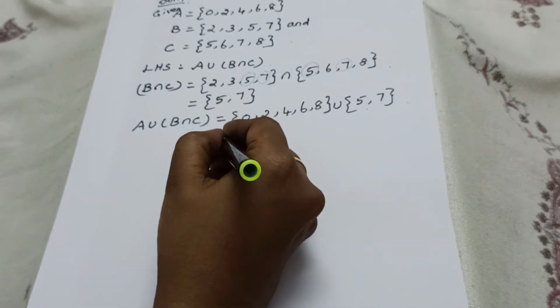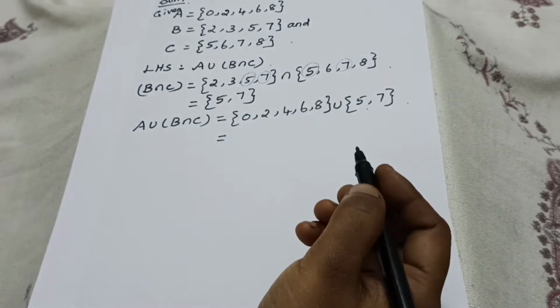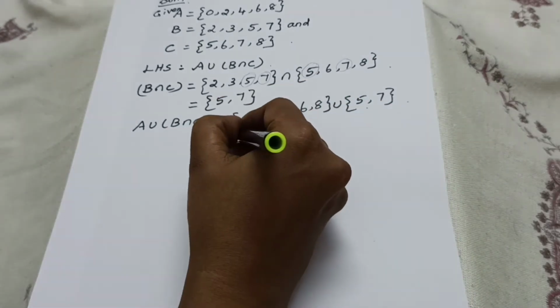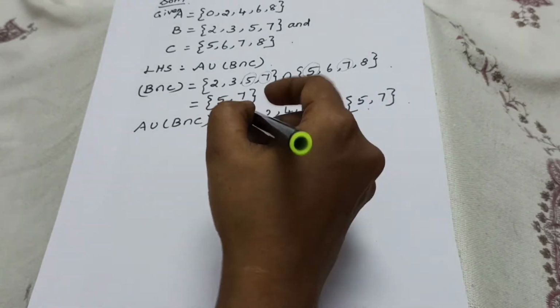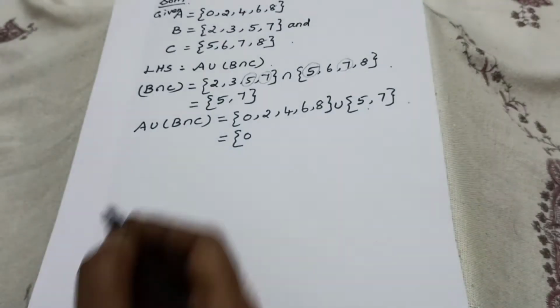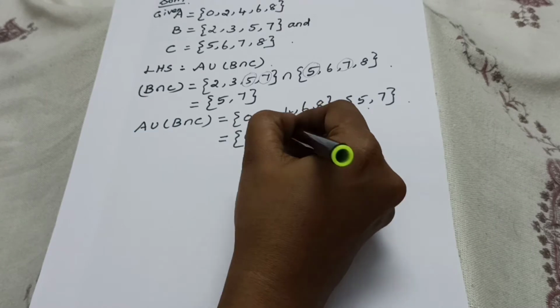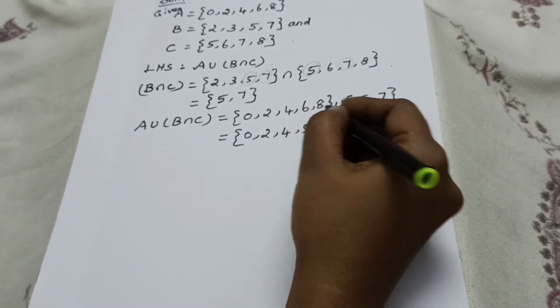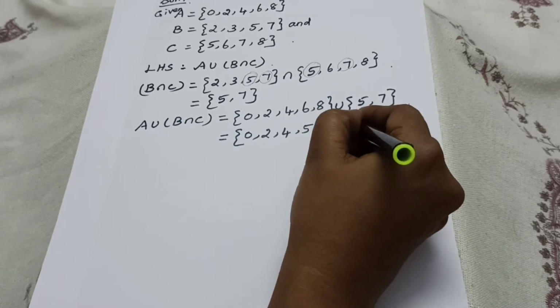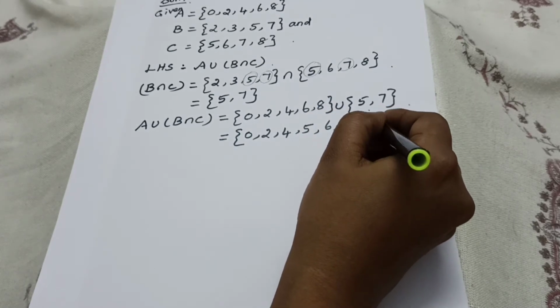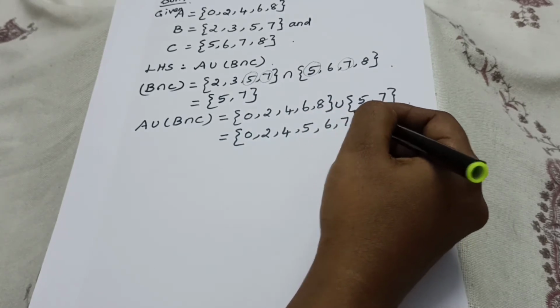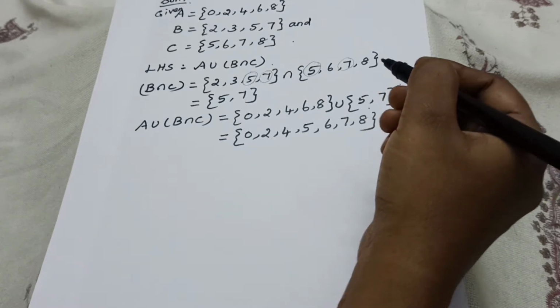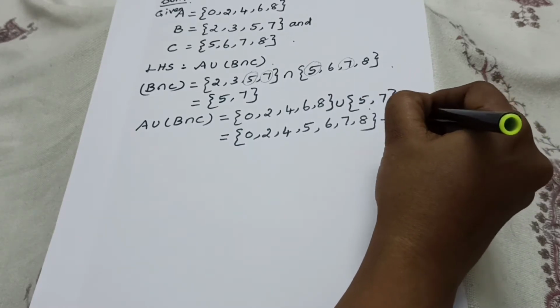Both together in union, all elements together we have to write. Then 0, 2, 4, then 5 is there, arrange it and write: 5, 6, 7, 8. Are you clear? Then this is equation number 1.